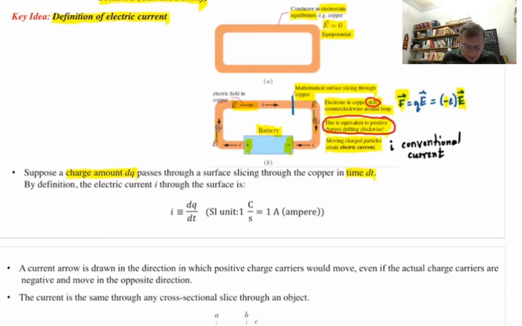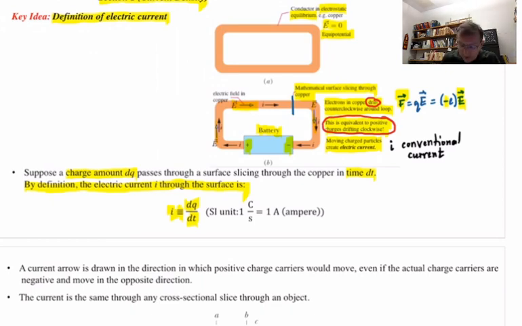And then by definition, the electric current I through the surface is defined to be the amount of charge, dq, over the amount of time, dt. A ratio of two infinitesimals, dq over dt. Sometimes you'll hear people say it's the rate at which charge passes through a surface, because a derivative is a rate. You can think of it as dq/dt.